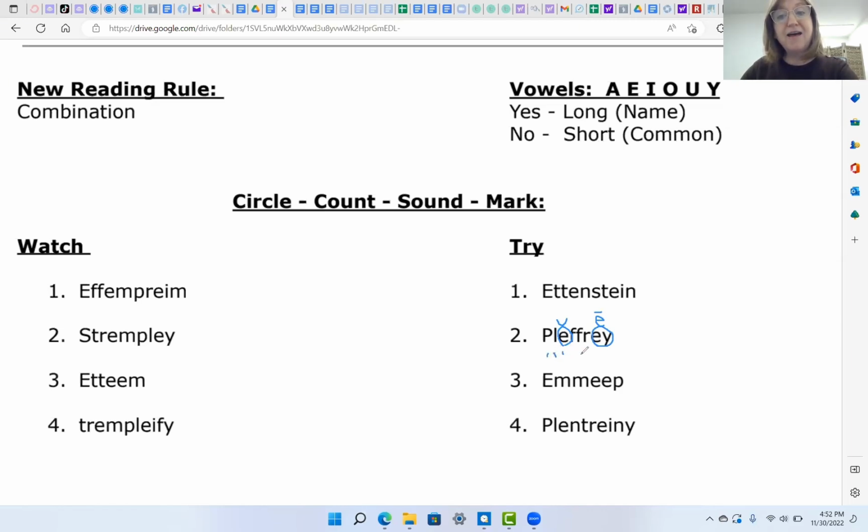O, S, E. Plethry, plethry, plethry, with the medium width. So it's not plethry. Give your mouth plenty of space on those, like you're singing a song and you want to make sure that comes through loud and clear. Plethry, plethry. Not too big or it'll be, no, we don't want that. We want medium width, plethry.